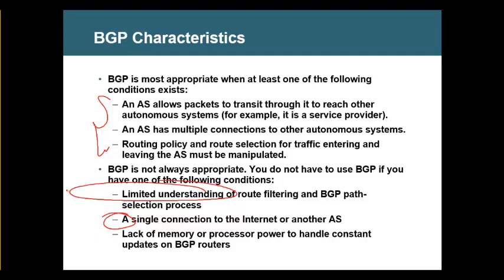When you don't tune attributes, it will pick one path based on some attributes which suit that environment. We will talk about that later. So that may not be the best one. So it is always good to know BGP in depth, then go for BGP as a solution if necessary. Otherwise don't do it. The last point, lack of memory and process power.